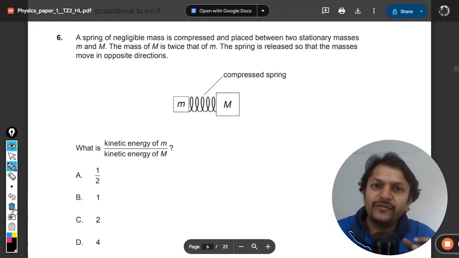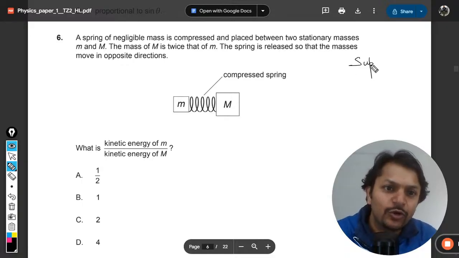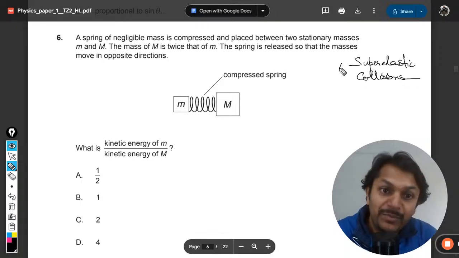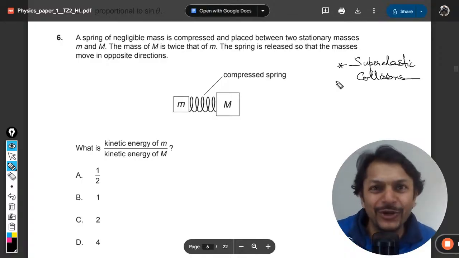This is compared with the collisions. So these are known as super elastic collisions. Beware, there is no collision there, but still it is known as super elastic collision.